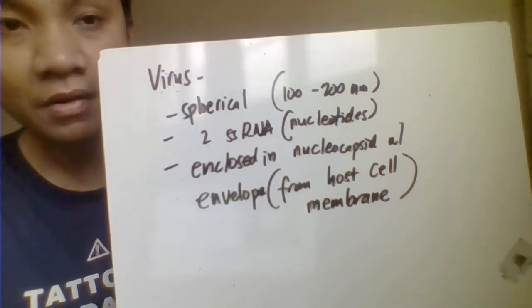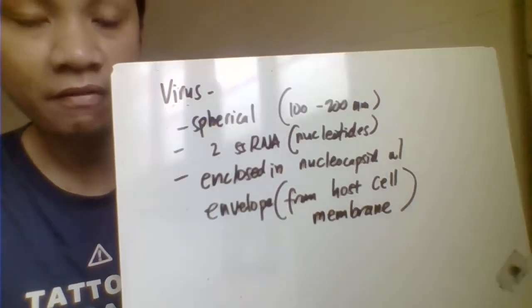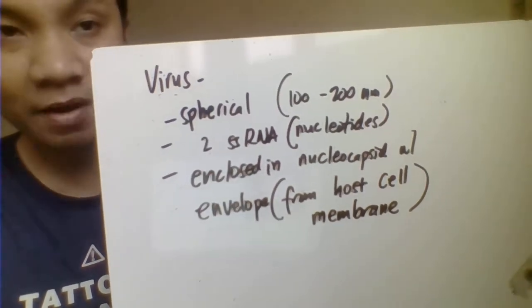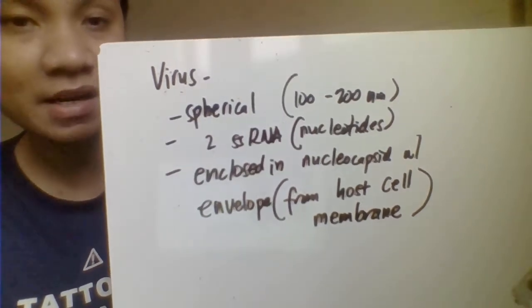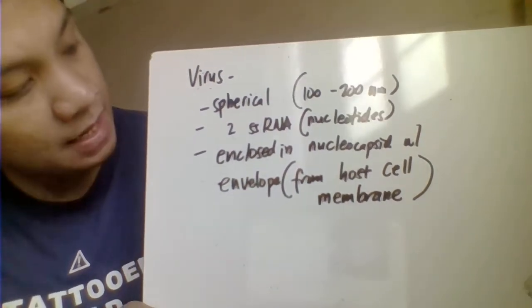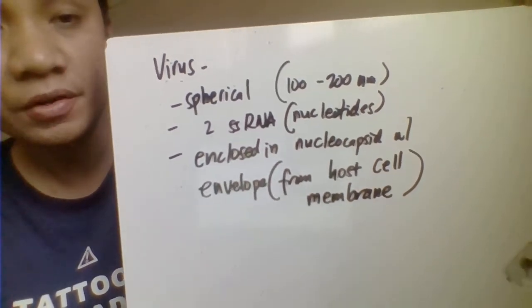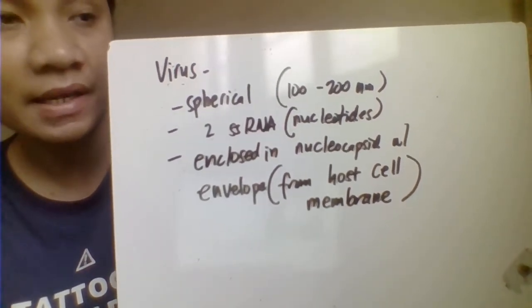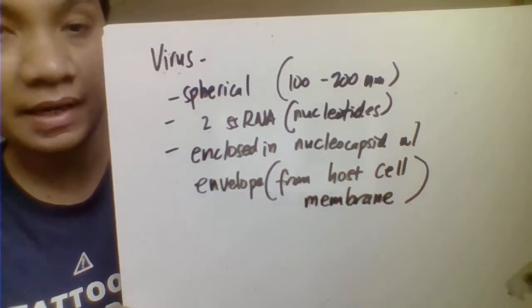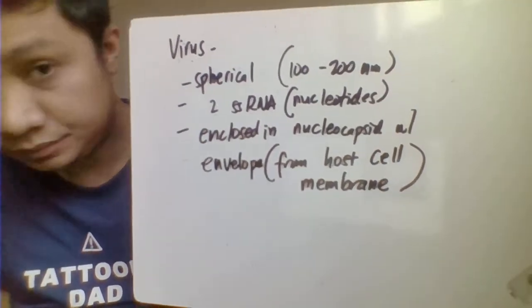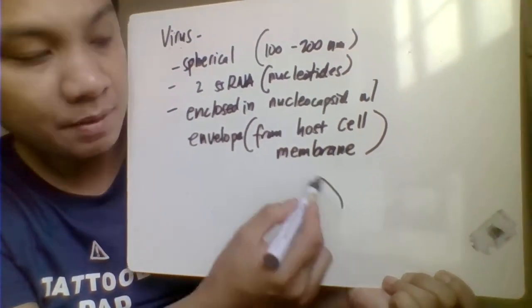The virus belongs to the family of retroviruses and the subfamily Lentiviridae. The virus is spherical in shape, and its nucleic acid is RNA, a single-stranded RNA. For example, this one is our virus.